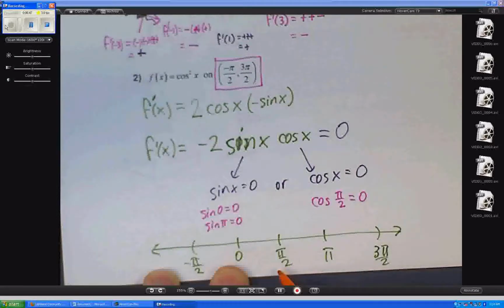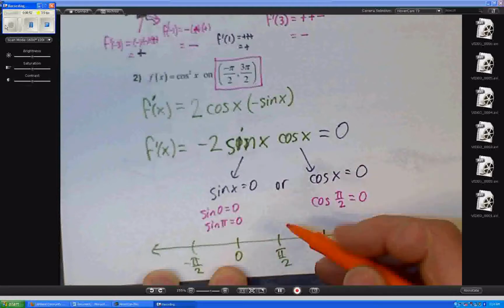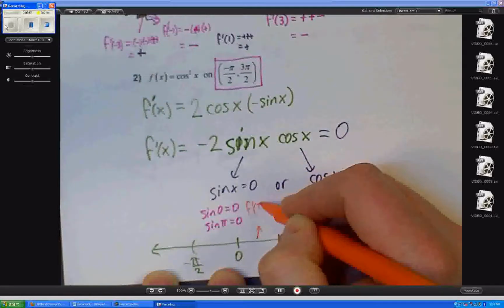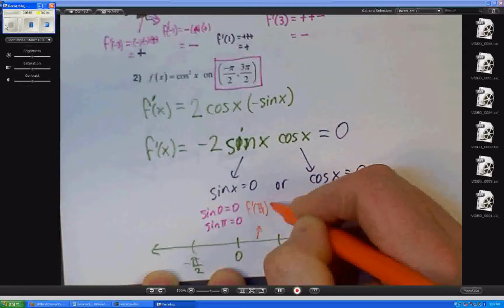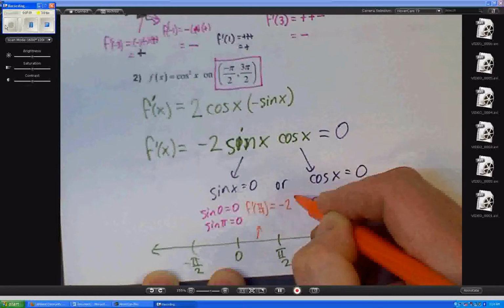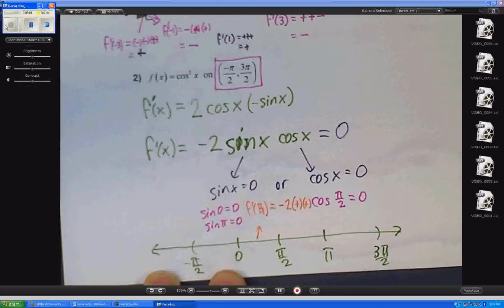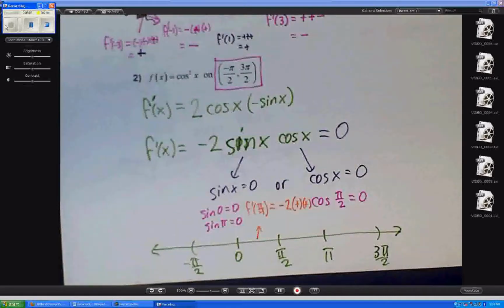First quadrant. So I claim that when I go to take something like f prime of, let's say, pi over 4, or something in between, I'm going to get negative 2 times a positive times a positive, because in quadrant 1, I know the trig functions, sine and cosine, are both positive. So this is negative.